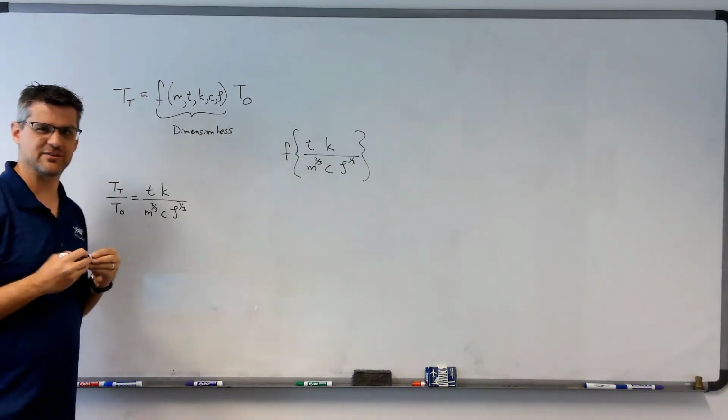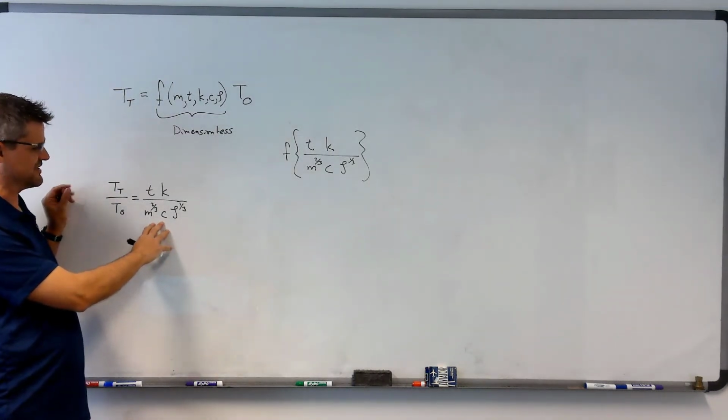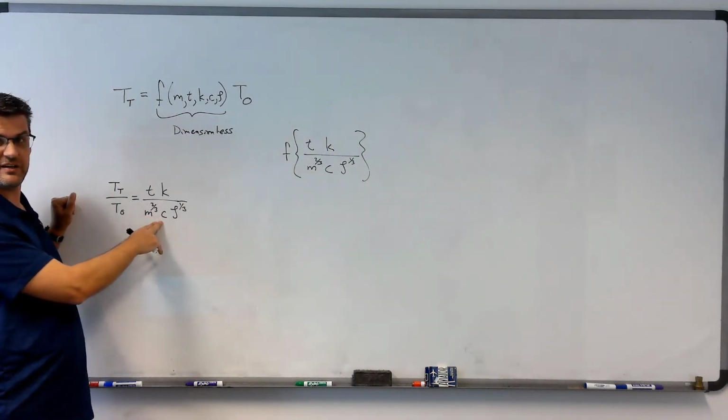And there might be some other constant in there. We'll worry about that later. But this is something that's going to be dimensionless the way that we want it to be.